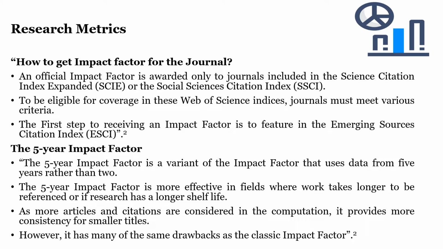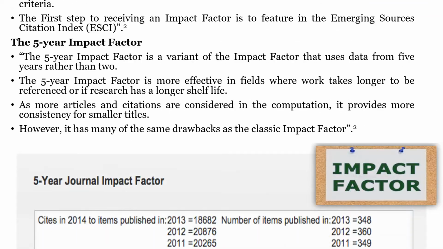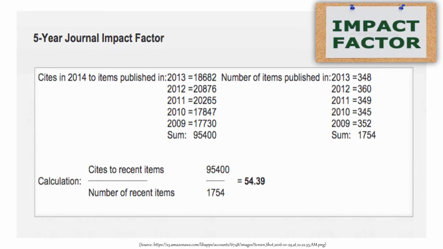As more articles and citations are considered in the computation, it provides more consistency for smaller titles. However, it has many of the same drawbacks as the classic impact factor.